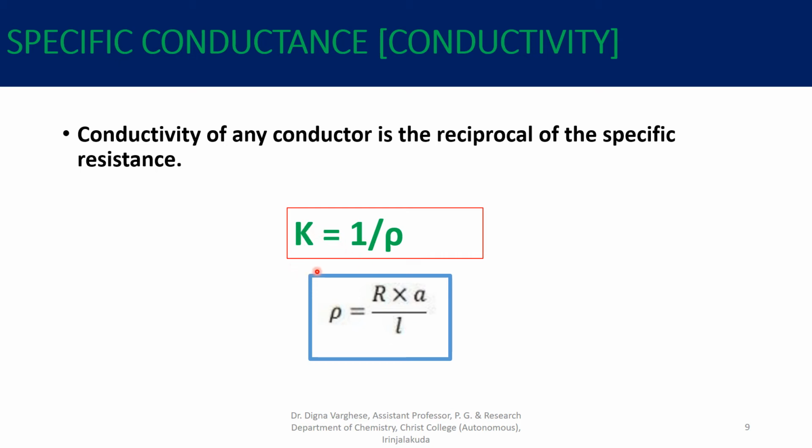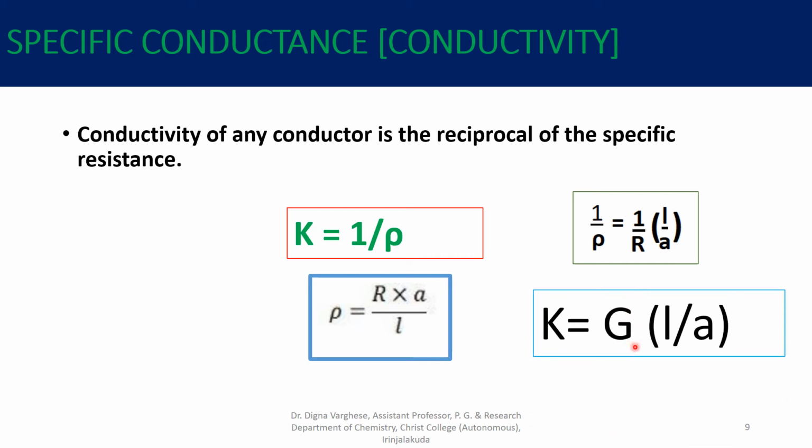We know specific conductance is the reciprocal of specific resistance. So, we can write 1 by rho is equal to 1 by R into L by A. That is, 1 by rho is equal to 1 by R into 1 by A by L, that is L by A. Therefore, K is equal to G into L by A. We know G is the reciprocal of resistance, that is conductance.